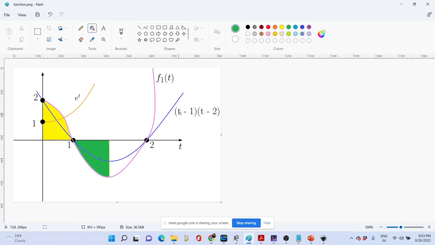And when t equals 1 or 2, it is 0. I am not saying it is a parabola just by putting values. Whether it is a parabola or not, it is from your class 12 knowledge. It is a quadratic equation. What is the equation? T square minus 3t plus 2. Correct. That is from your school knowledge. I am saying this is the equation of a parabola which is intersecting at this point and this point.